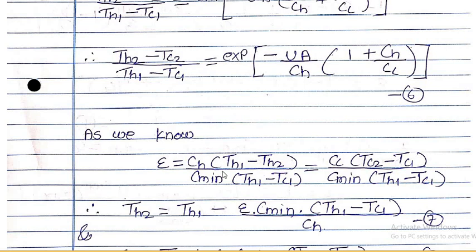From these two equations for the effectiveness, we can find the equations for Th2 and Tc2. Shifting the denominator to this side and dividing by Ch, Th2 = Th1 - ε Cmin (Th1 - Tc1) / Ch. That is the equation for Th2.